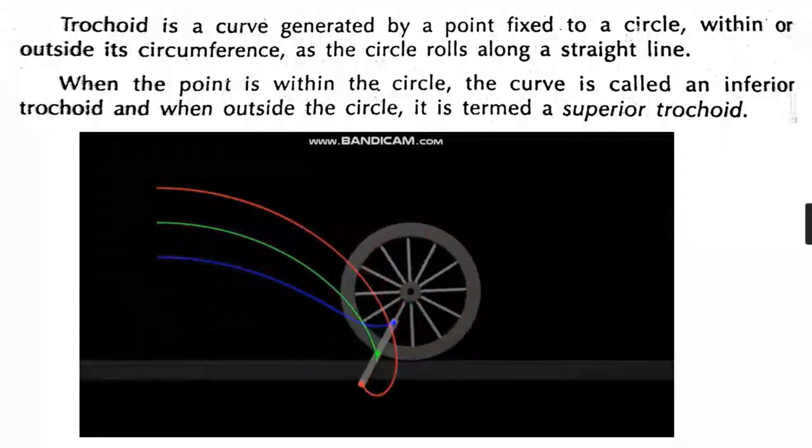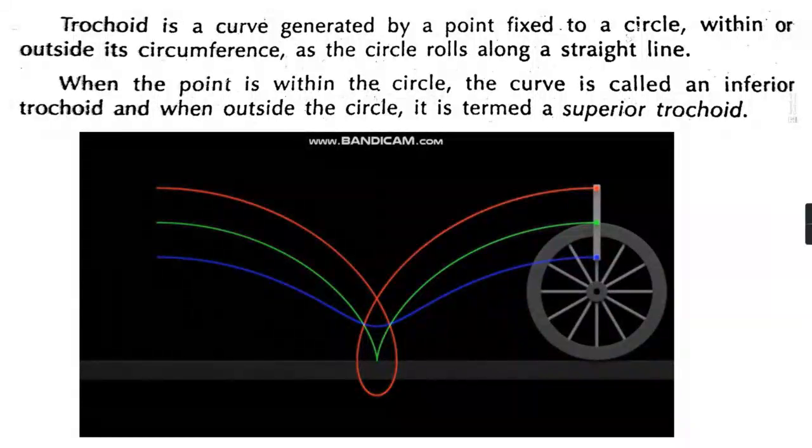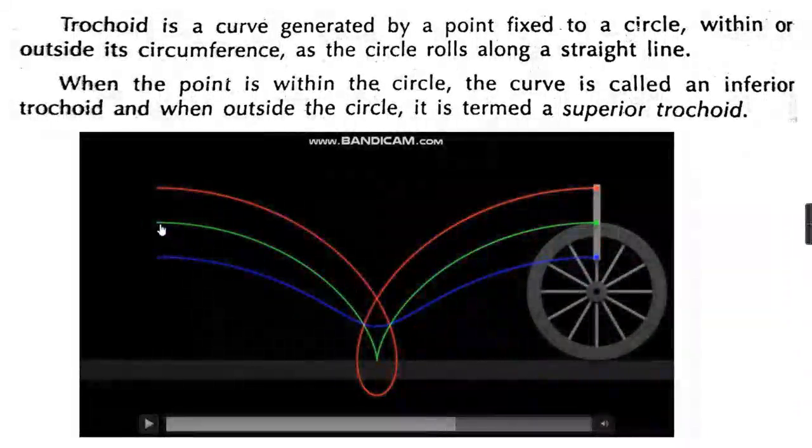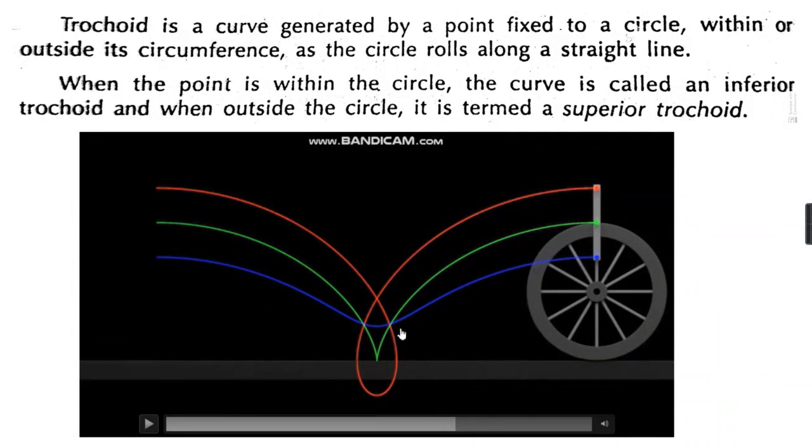You can see when the point was on the circumference, there is a kink, but when the point is inside the circle, we get this kind of shape. When the point is outside the circle, we get this kind of shape. And in both of these curves we do not get the kinks.